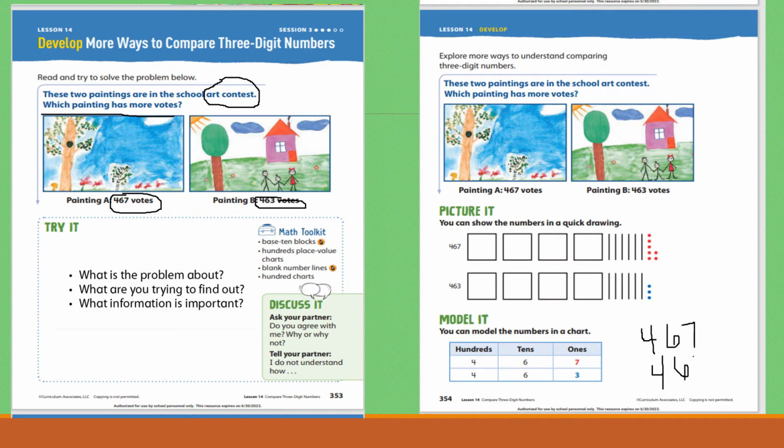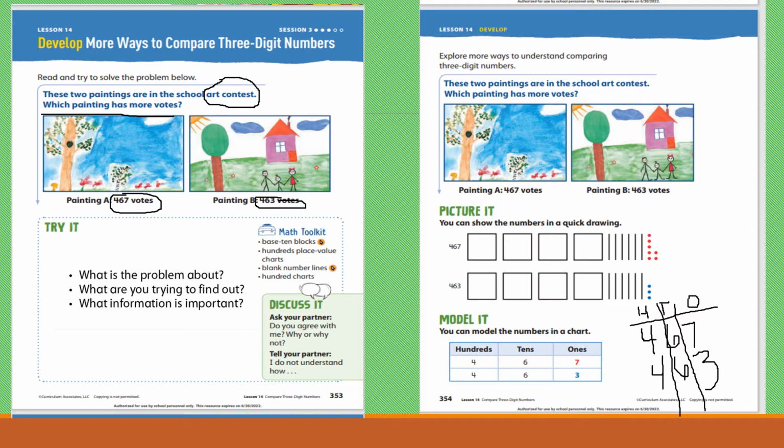I said you could do it this way also. All right? Put it down like this and go down with your hundreds, your tens, and your ones. So we would have our hundreds in this column, our tens in this column, and our ones in this column.